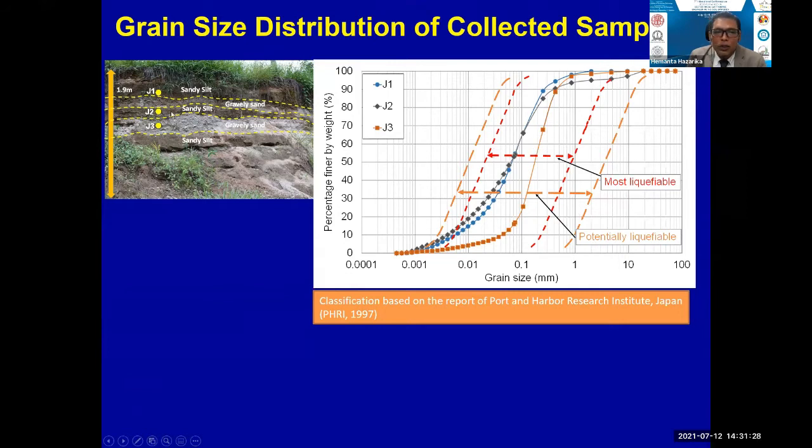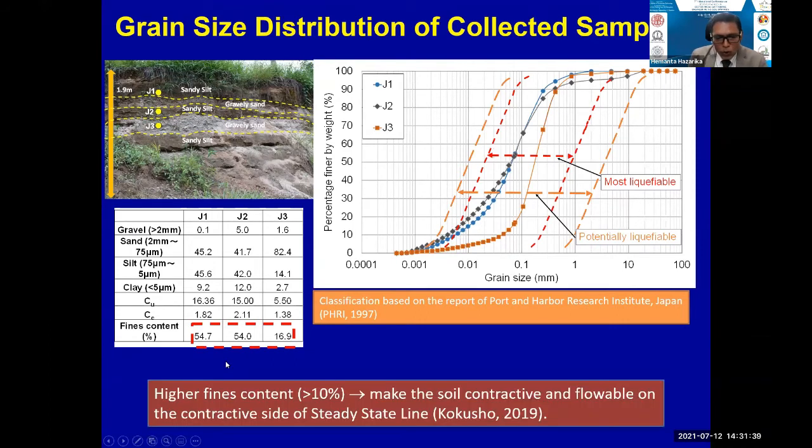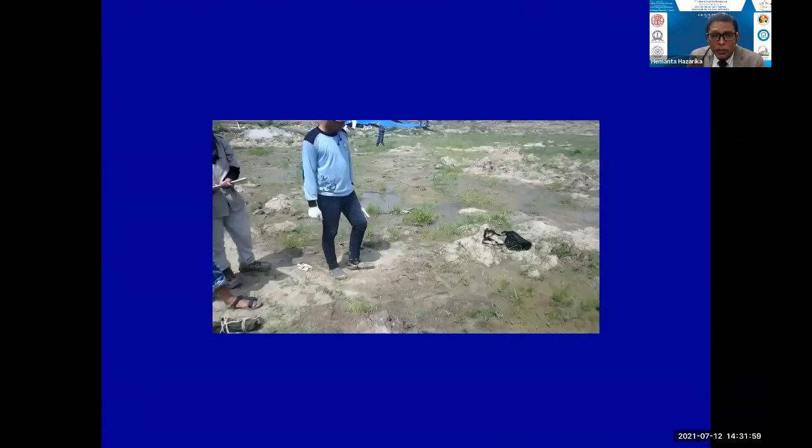You can see that all the soil samples fall within these curves, and they also have very high fines content. That means these higher fines contents make the soil very contractive and flowable, on the contractive side of the steady state line, as in the research conducted by Professor Kokusho in 2019. This I'll skip because of the time.